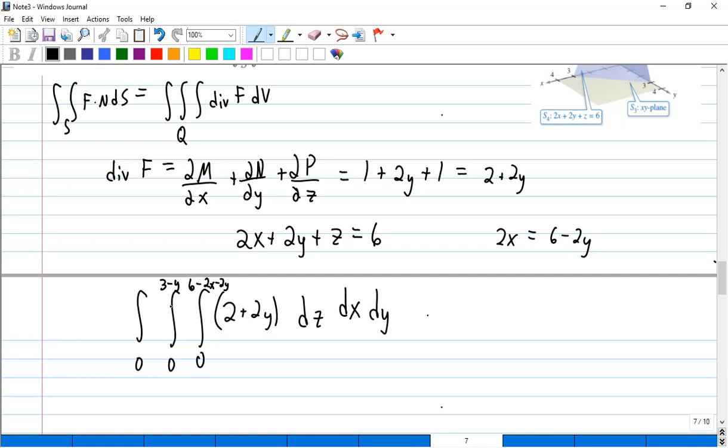All right, and then to set the boundaries for the y, remember we want to get just a number on this last one here. So we let the z equal 0 and we let the x equal 0. So then I would have 2y equals 6. So our last one's going to be 0 to 3.